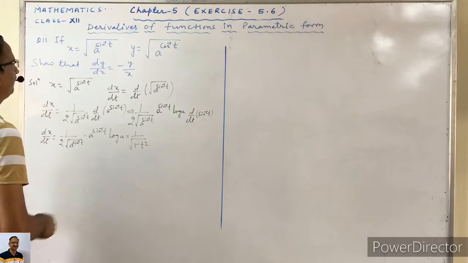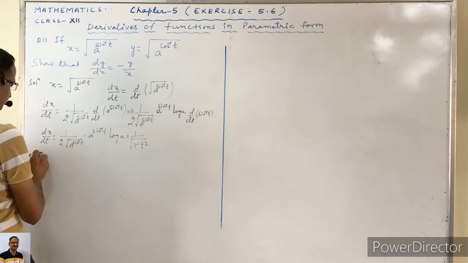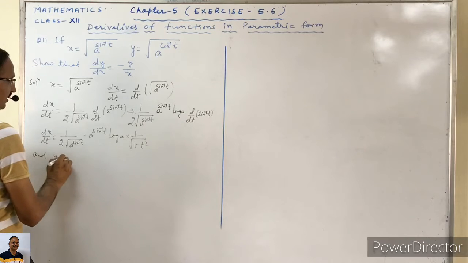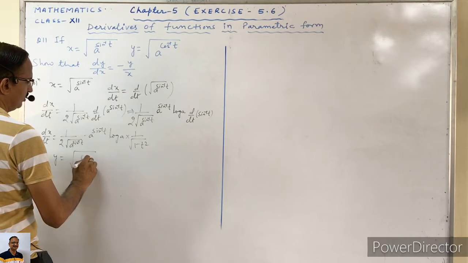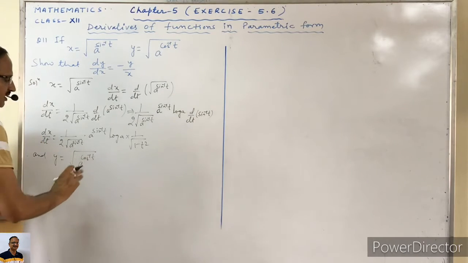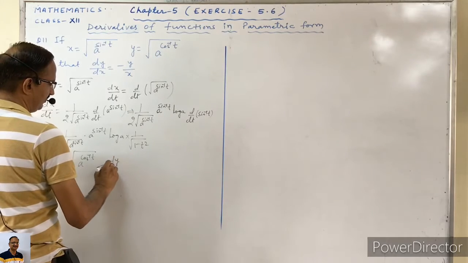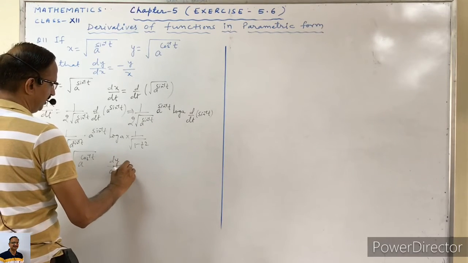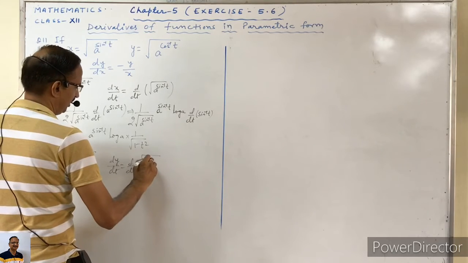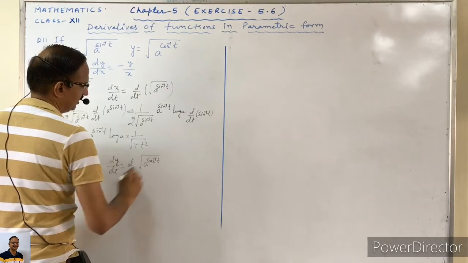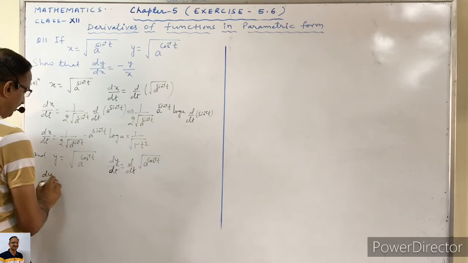Now similarly for y. y equals root a raised to power cos inverse t. Suppose this is t. So the derivative of y with respect to t is d by dt of root a raised to power cos inverse t. So this is dy by dt.